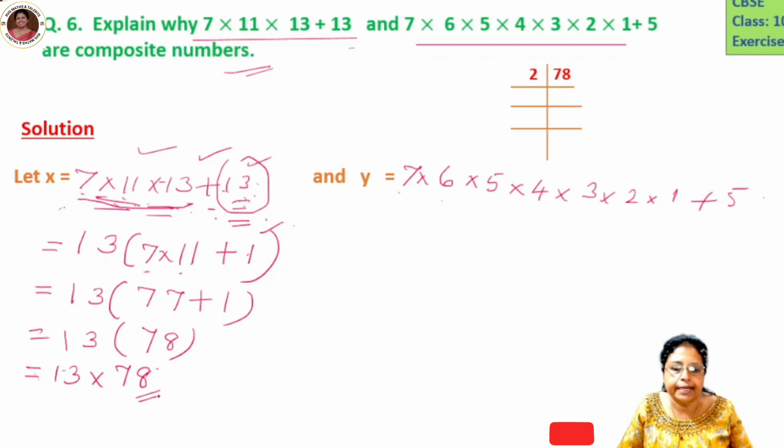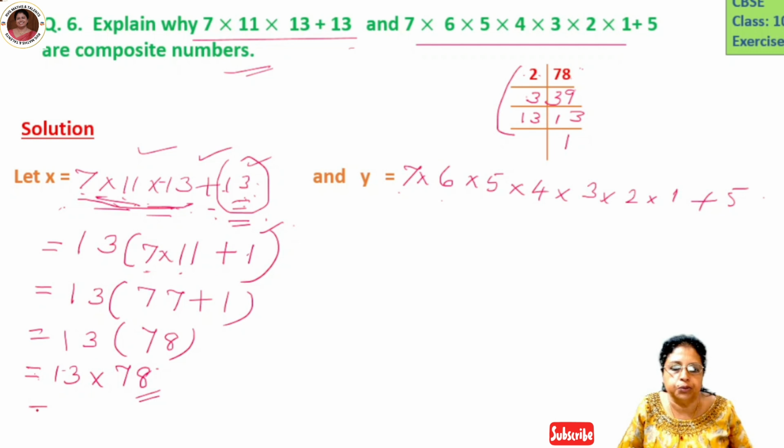Then just check whether 78 can be factorized. Let us try. 78 divided by 2 is 39, 3 is a factor here, 3 thirteens are 39. 13 is a prime number, 13 divided by 13 is 1. So we got the prime factors here.